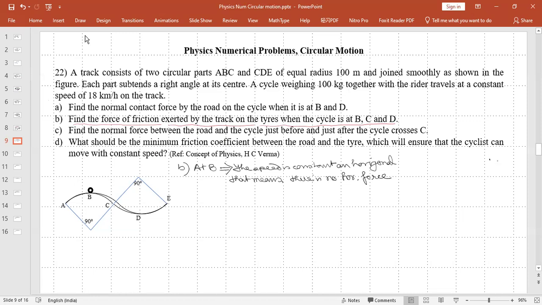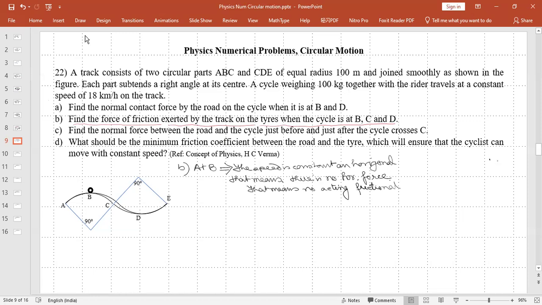Because if there is a horizontal force, that will create acceleration. And if there is no horizontal force, that means no acting frictional force.